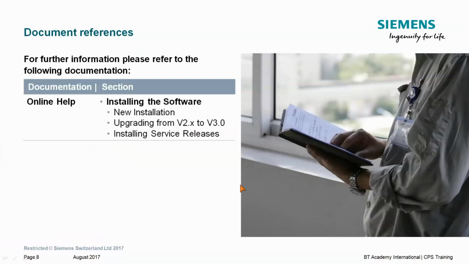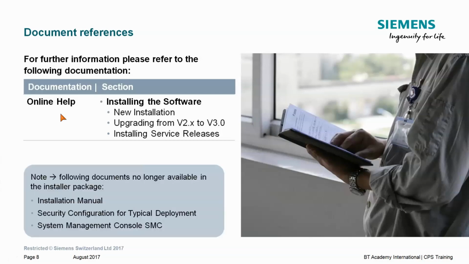The information about installing the software is now included in the new online help, which is available with version 3.0. Therefore, the three documents we were used to getting with the installer package, the installation manual, the security configuration for typical deployment, and the system management console, are no longer available with the installer package.